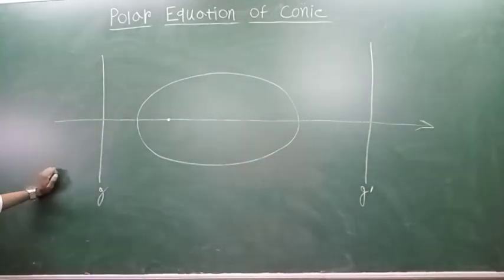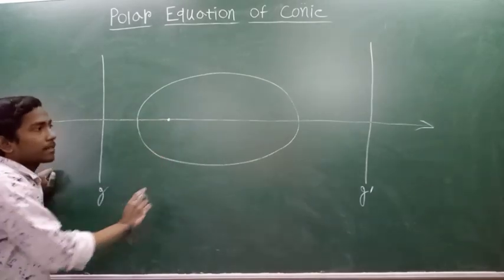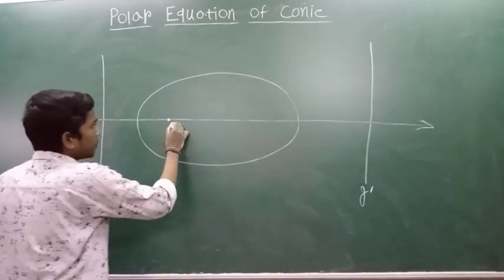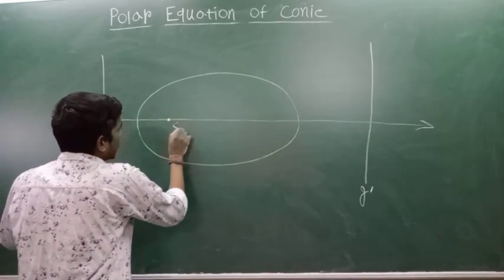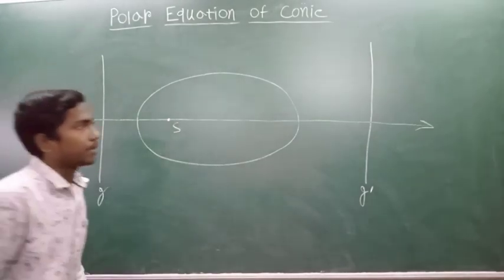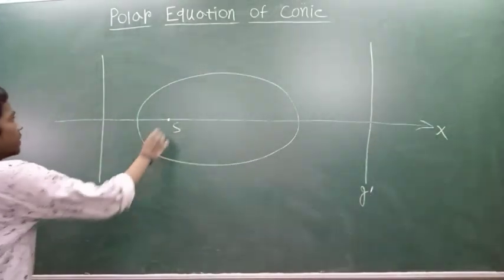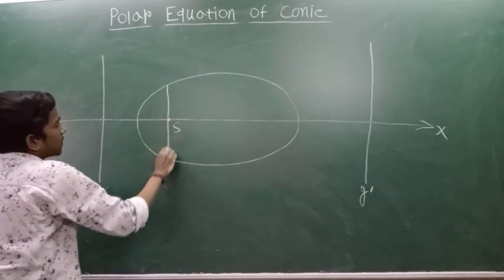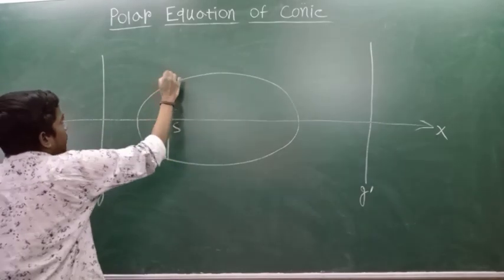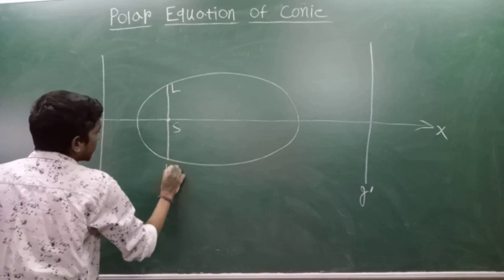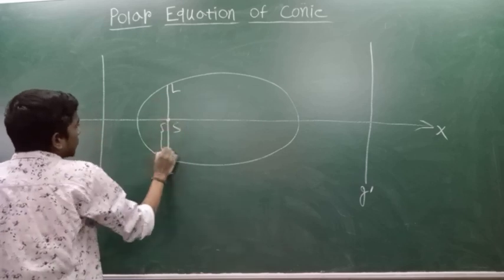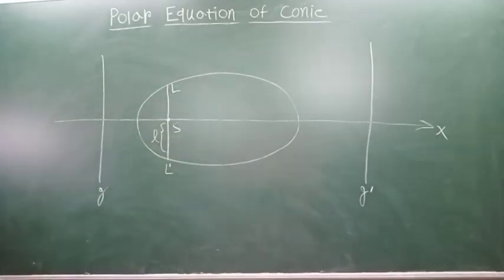Okay. Now S is the focus and it is taken as a pole. So S is focus and it is a pole. Sx is the initial line. Okay. This is the latus rectum L dash, and the length of semi-latus rectum is given as small a. Okay.